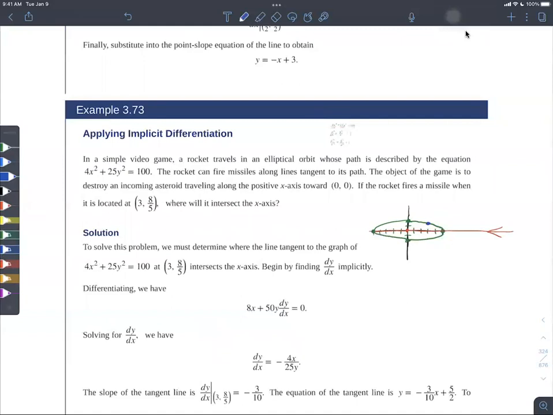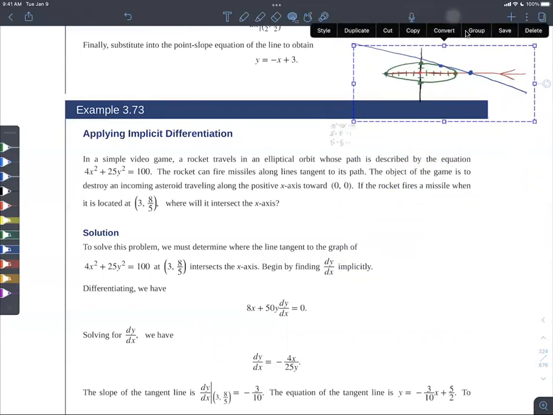So that is this point here. Where will this missile intersect the x-axis? It's going to be a point right here. It looks like it's past the x value of 5. And so let's go ahead and find that value of x.